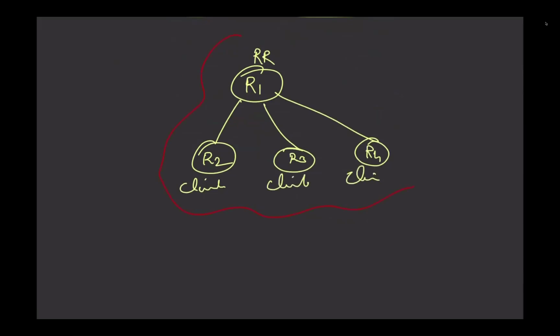This is one domain. Now your client can be a route reflector for other clients, like R5, R6, R7. So you can create nested route reflectors. Like if we have a master route reflector and a slave route reflector, then the slave route reflector is the client of the master route reflector, right? Yeah.